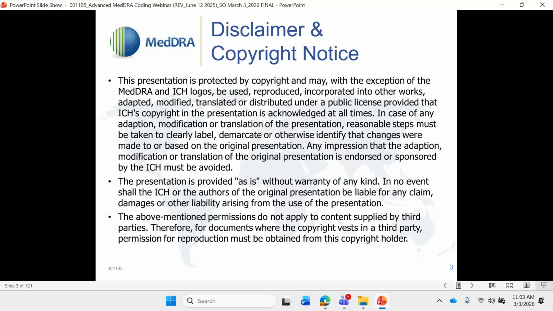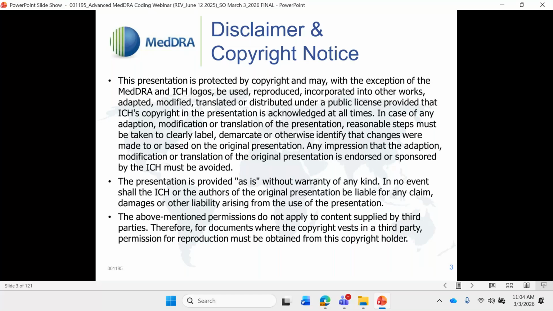Aside from the logos that you see, all of the material presented today can be used by you in your organization, but if you change or modify the material in any way, you must acknowledge that those changes are in no way supported by the ICH, but your own.